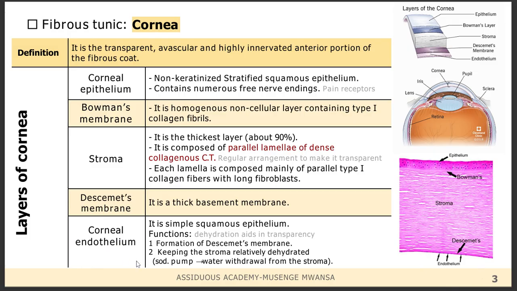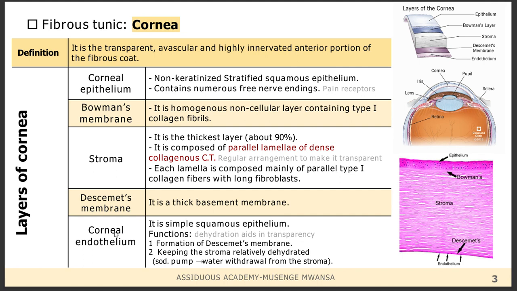So the corneal endothelium is involved in formation of the basement membrane, which is the thick basement membrane on top, and then keeping the stroma, which is on top, relatively dehydrated without any water. So there is a sodium pump that will cause water withdrawal from the stroma.